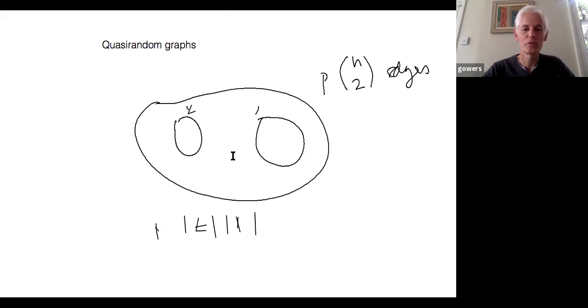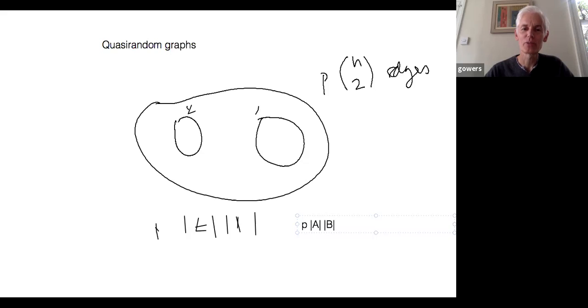The number of edges I would expect is p times the size of A times the size of B. That's because I'm assuming that A and B are disjoint here. So the number of pairs, one vertex in A and one vertex in B, is exactly the size of A times the size of B. And if each one is in with probability p, I'll get p times the size of A times the size of B. So a property that you would expect of a random graph is that for every pair of sets A and B, you get roughly p times the size of A times the size of B edges.